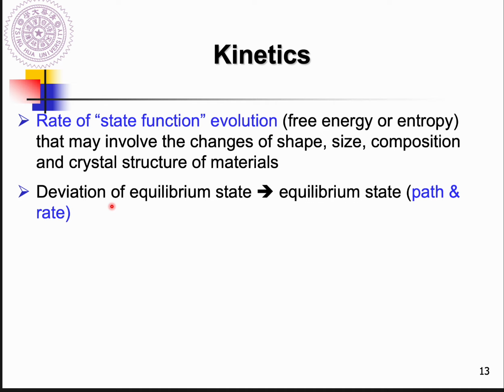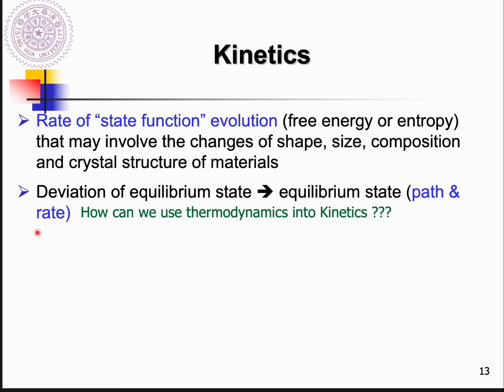If the material system is already in the equilibrium state, it definitely needs a force to push the system to deviate from the equilibrium state. Then when you release or stop the driving force, it goes back to the equilibrium state, and the corresponding path and rate is what we care about in kinetics.